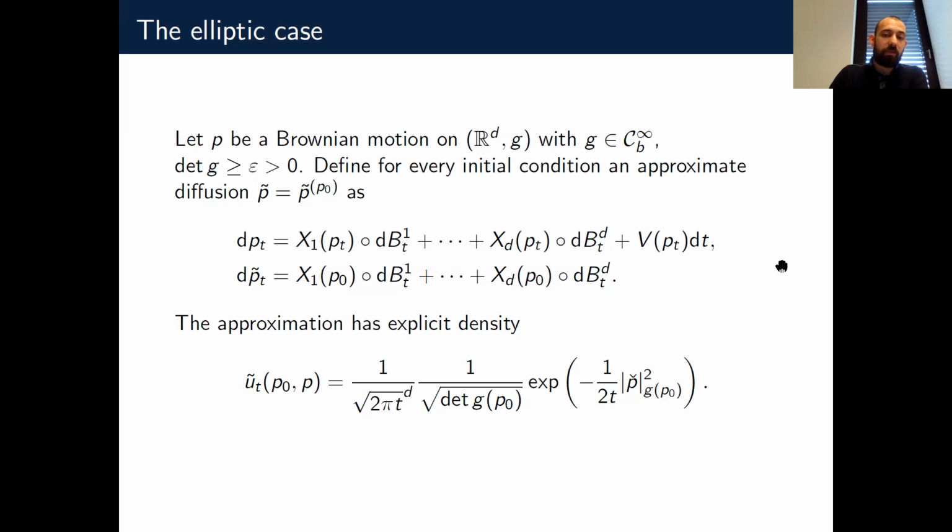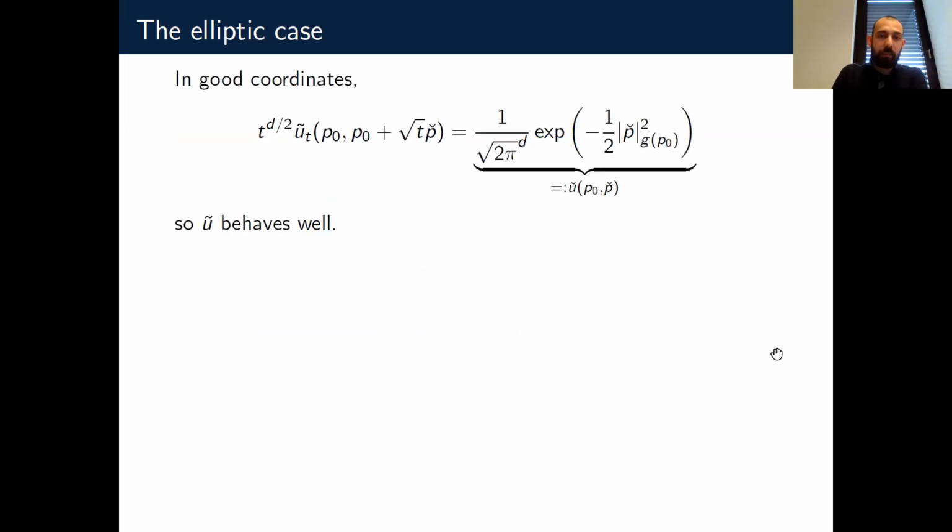So this gives us immediately the kind of scalings we want to have. This thing right here should not be P check, it's P minus P0. Once you write in the good coordinates, so this is the time singularity, around P0 with some scaling of square root of T, then you get some very smooth function.